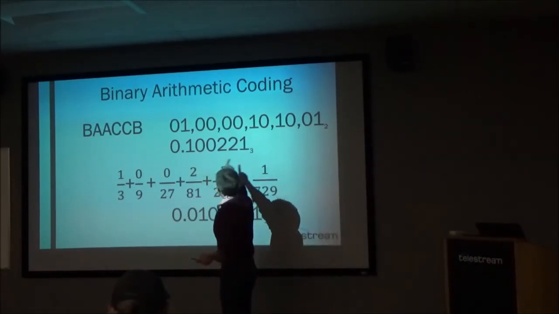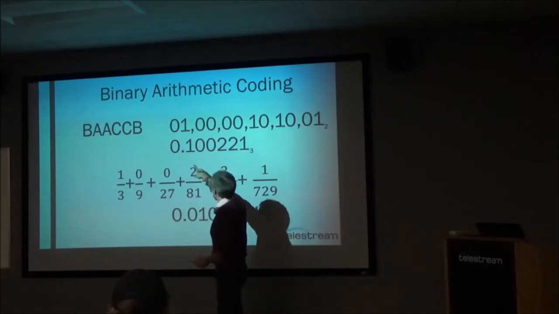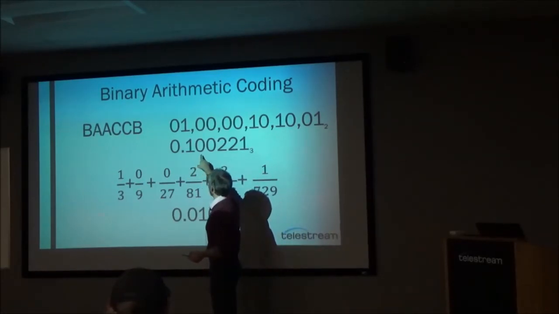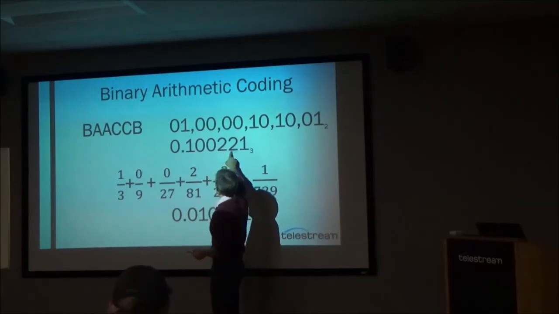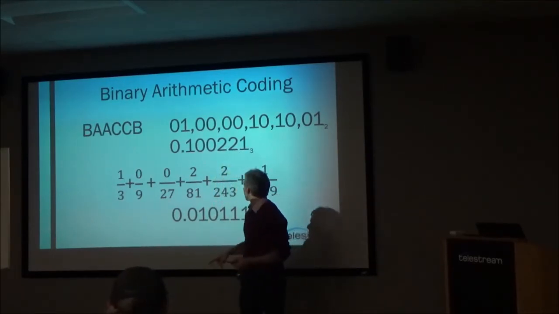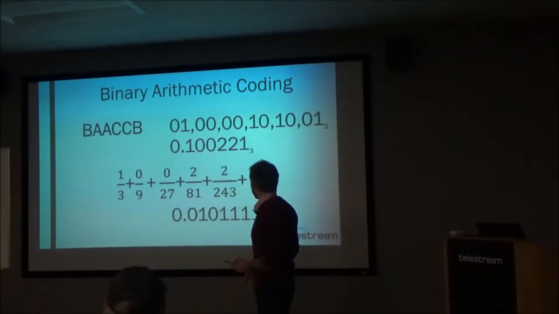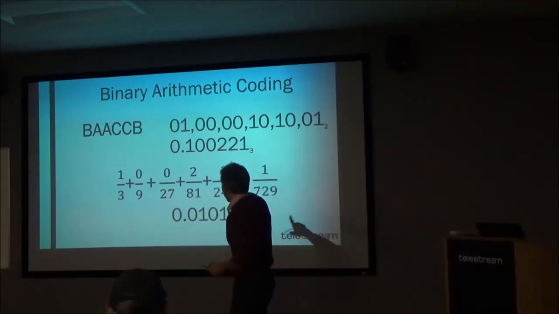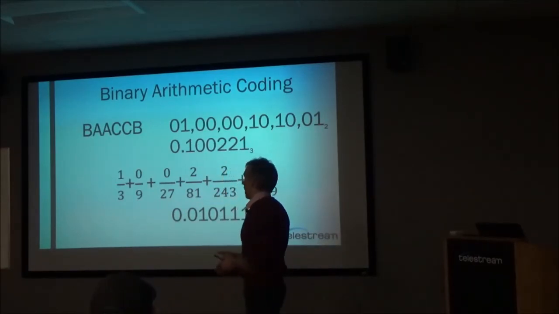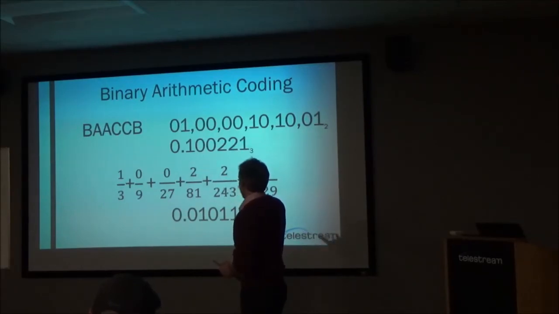I'm going to represent this same number in that it's going to be 0.1 for a B, 0 0 for the 2 A's, 2 2 for the 2 C's, and 1 for the B. And if I was to convert that to a fraction, then it would be just adding up this here. So I can convert a string of numbers into a fraction that ends up being a number between 0 and 1.